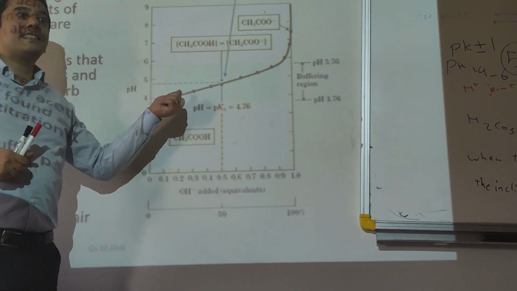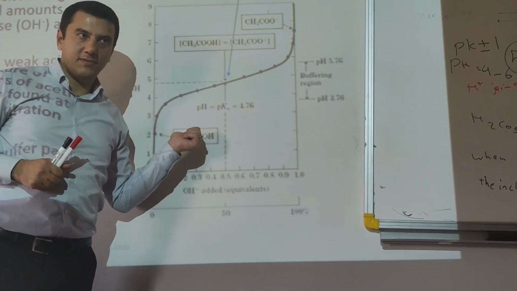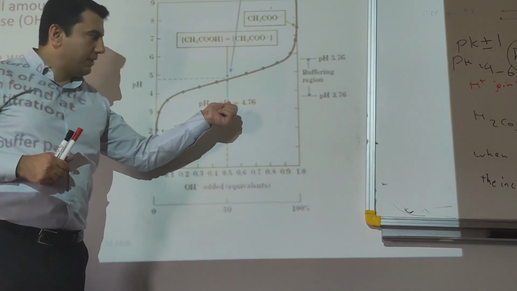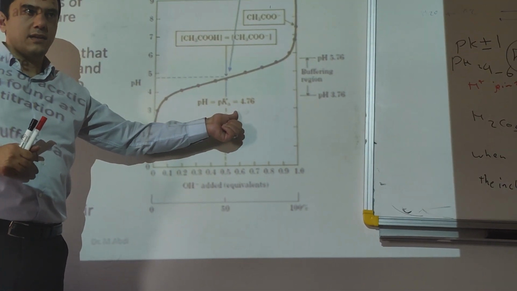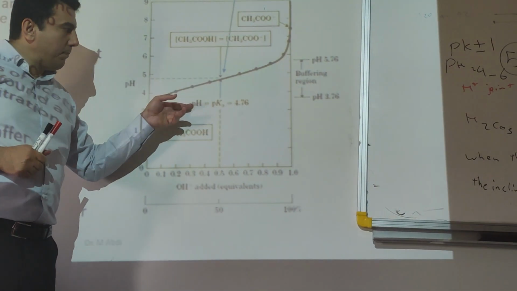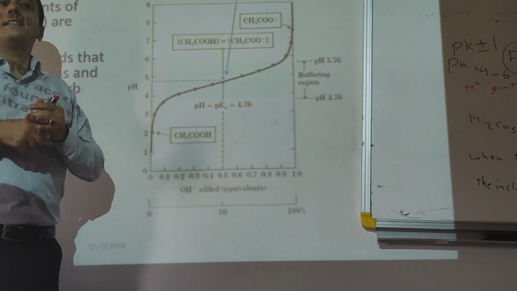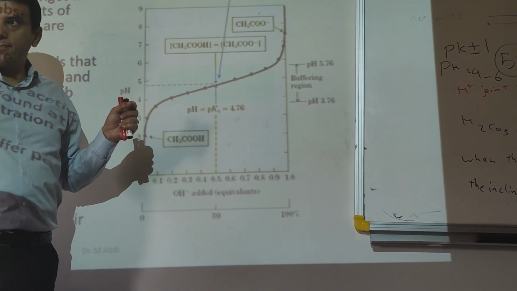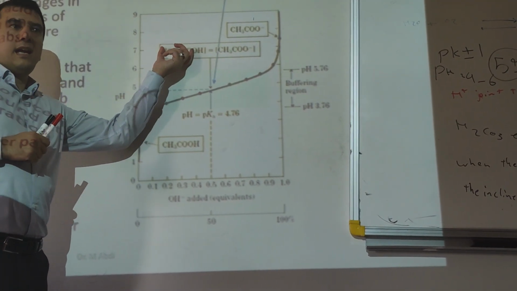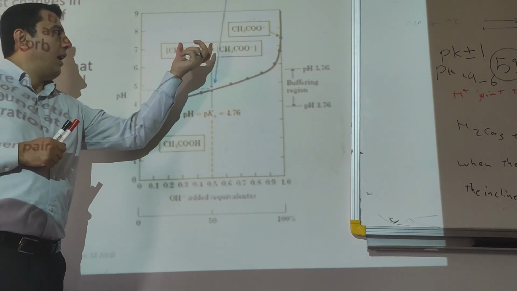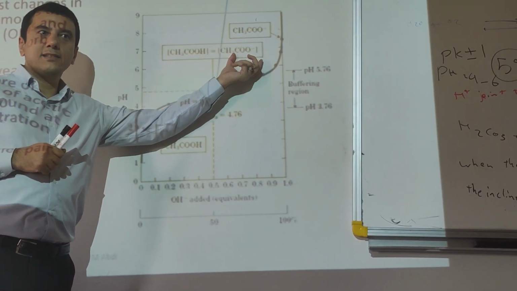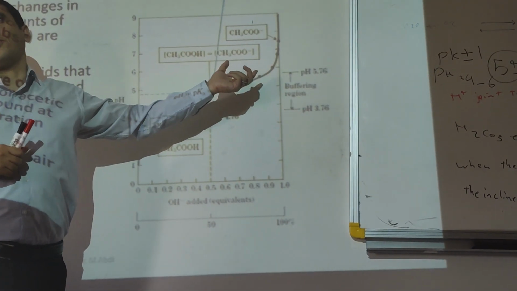So, at the center of this diagram, which is equal to the pK, the pH and pK are the same, and the concentrations of acid and base are also equal.